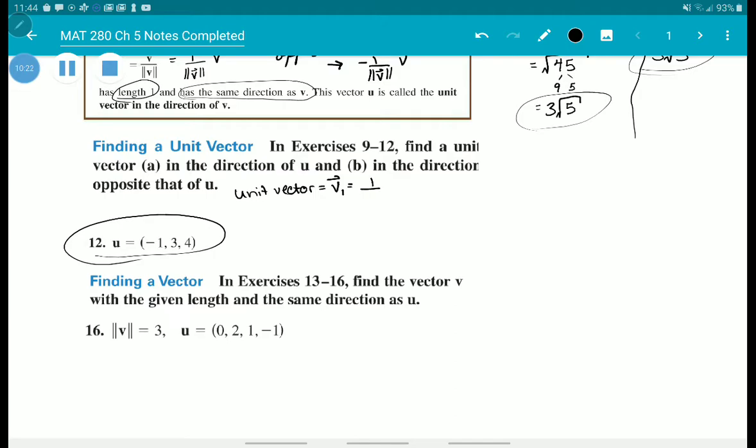So it's going to be 1 over the magnitude of u. So negative 1 squared plus 3 squared plus 4 squared times vector u, which is negative 1, 3, 4. So we have 1 plus 9 plus 16, which is 26.